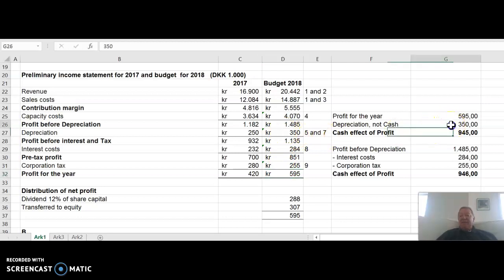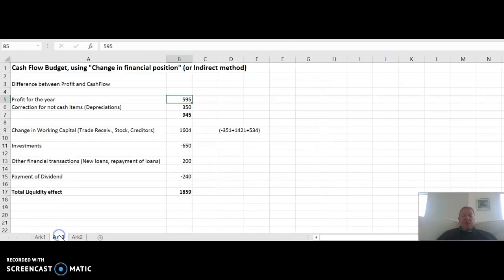So if we add the 350, we end up with an effect of 595 plus 350, that is 945. So we could start with our profit, add our depreciation, and then start our liquidity budget here with this 945.